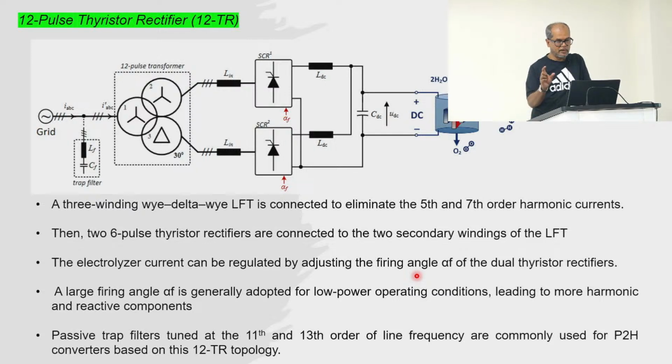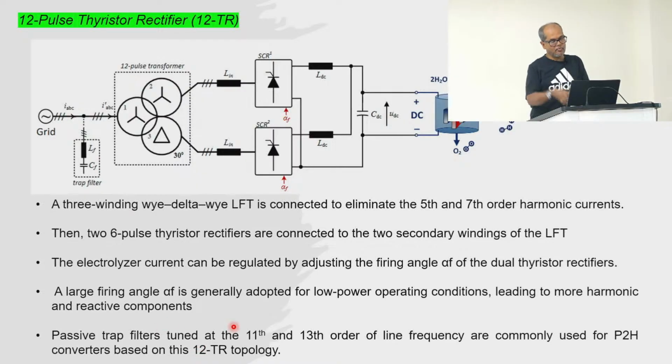But when you have a very low amount of current, it actually produces more harmonics. At low power operating conditions it produces more harmonics, because at that time you also have a reactive component as well.